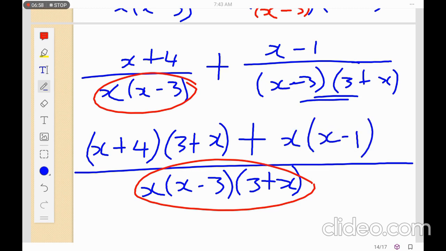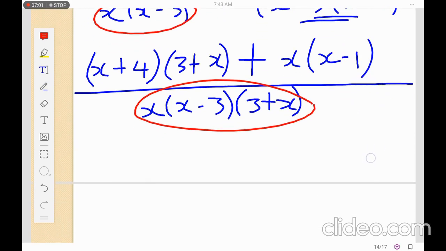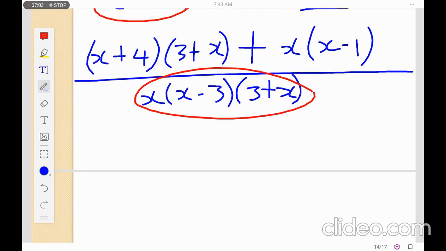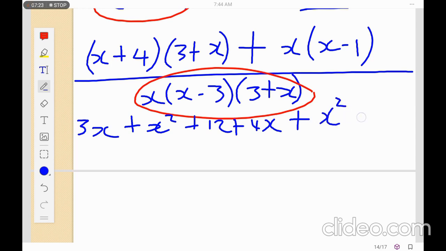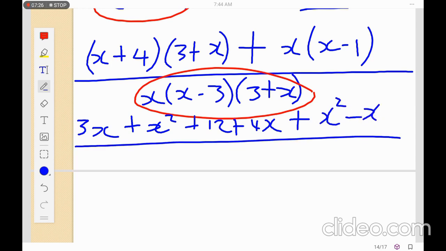So adding and simplifying those, I'm removing the brackets on the first one. I'll have 3x plus x squared plus 12 plus 4x, then plus x squared minus x all over x minus 3 plus x.